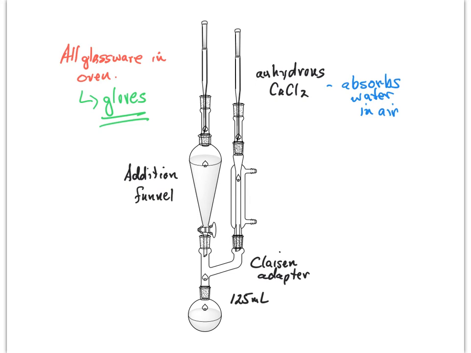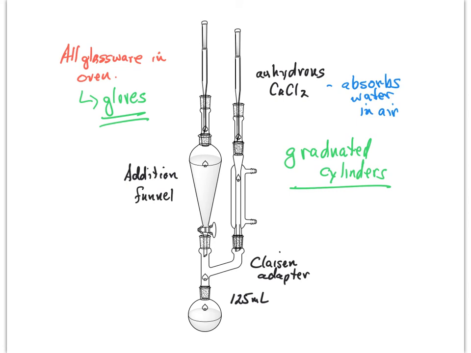Don't let any water touch any of the things coming out. And this should include, this is our setup, but it should include things like graduated cylinders, right? Graduated cylinders should be in the oven. So anything you're going to use that's going to touch your reagent has to be heat dried.